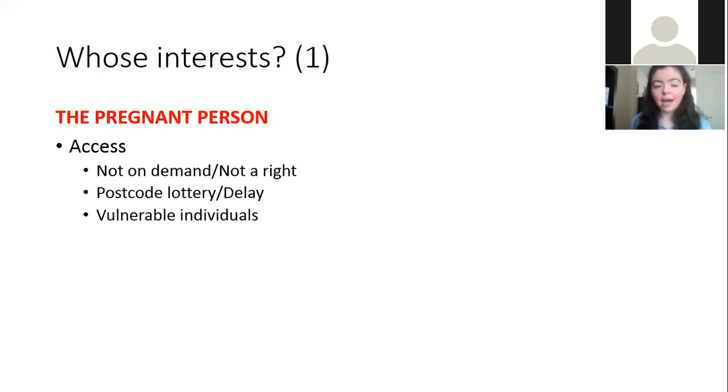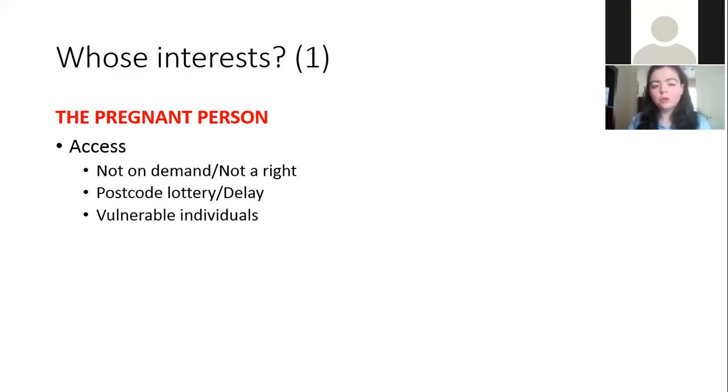So this can be hampered by abortion not being available on demand or them not having a right to an abortion. It can also be hampered by administrative delays or procedural delays or protesting delays. And this can also be impacted by a postcode lottery, if your access to abortion is dependent on living in an area with good access to abortion.